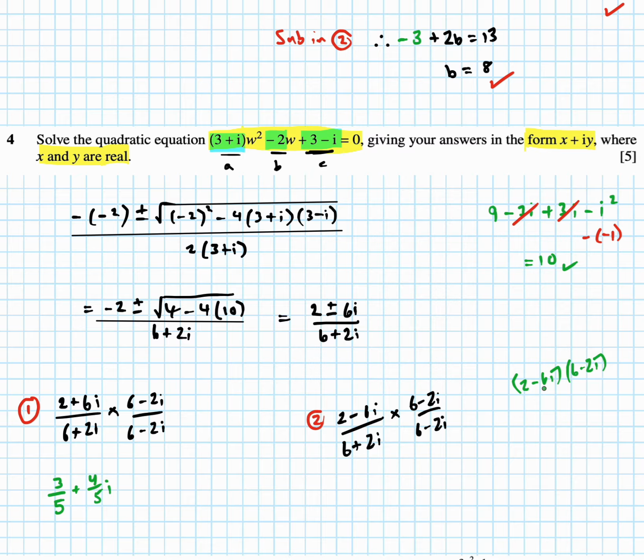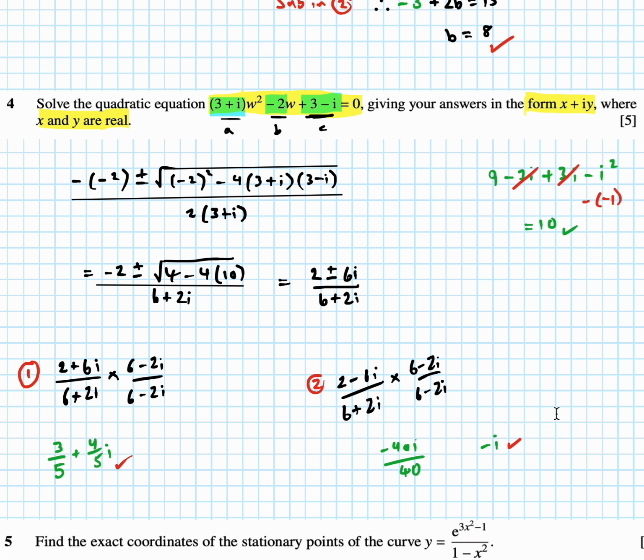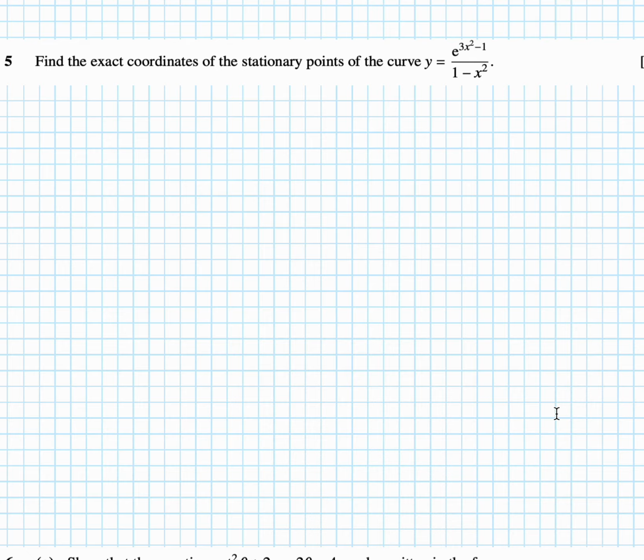I'll make sure I have enough space for the rest of the questions properly. I'm just checking these details. It's 40, 40 minus 40. So minus 40i over 40, which is of course minus i for that one there. So that was our left hand side and right hand side there for positive and negative answers.